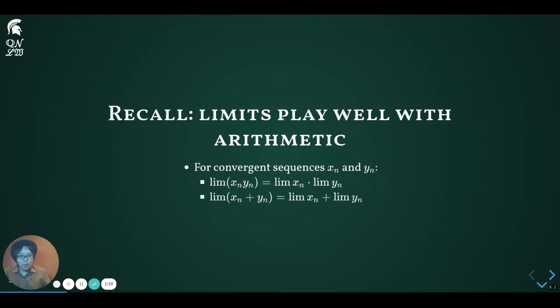If x sub n and y sub n are two convergent sequences, then the sequence formed by the products of x_n and y_n is also a convergent sequence, and the limit of this product sequence is exactly the product of the limits of x_n and y_n respectively. Similarly, the sequence formed by the sums of x_n and y_n is also a convergent sequence, and the limit of the sum sequence is exactly the sum of the limits of x_n and y_n respectively.